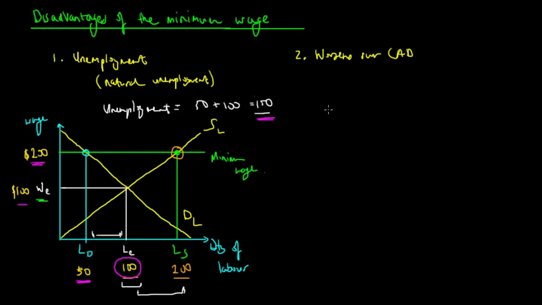Secondly, we can see how an increase in the wage would worsen our CAD, and this is usually referred to as our structural CAD. It is due to the concept that our supply, or our production, is not competitive.